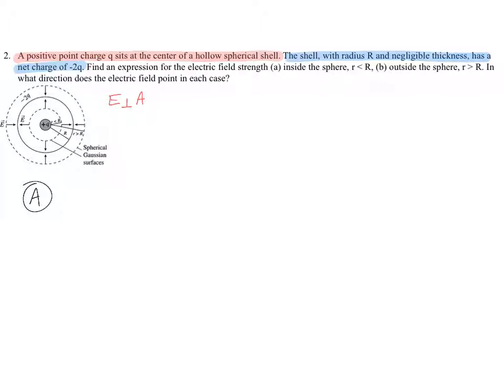for inside the sphere, for r less than big R. So again, if we can formally state Gauss's law as such, and that means that when we do that surface integral, we're going to get EA again, electric field times that area, and we know that flux is equal to the charge inside of the Gaussian sphere over epsilon naught.